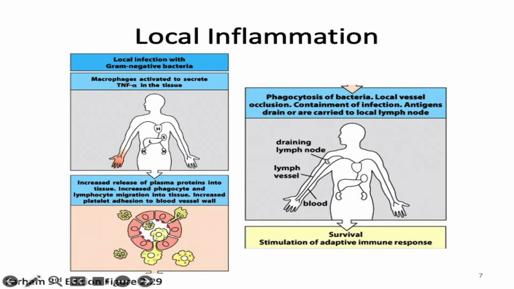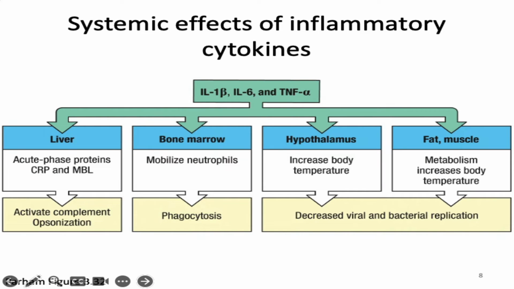And so some of the effects of the inflammatory cytokines that are happening systemically, or further away, not at the actual site, are shown here. One of them is that these cytokines, the ones I called out before, act on the liver.